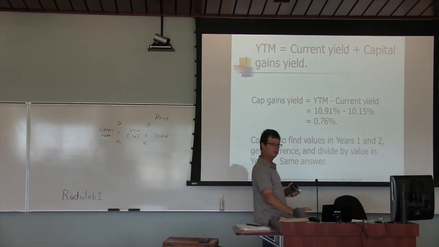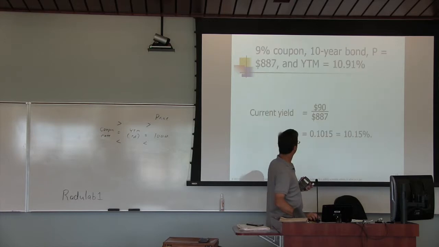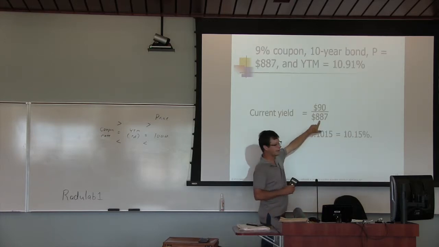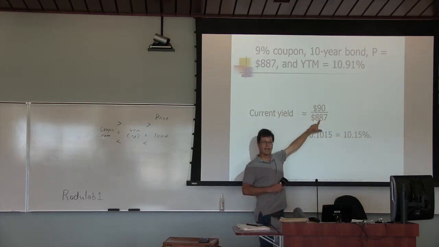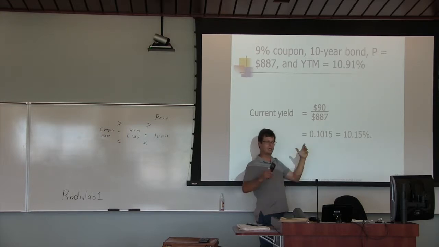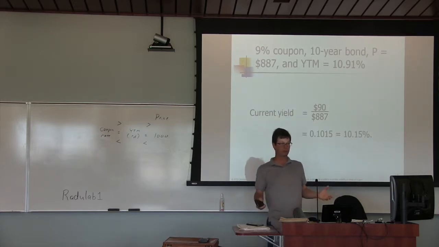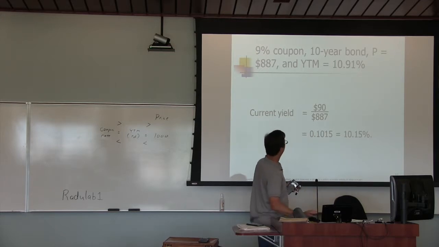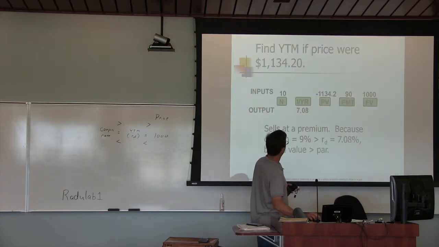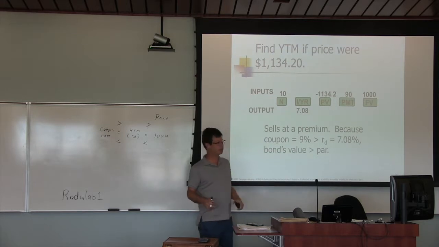This capital gain yield is going to be positive because the current price is $887, and at the end of the timeline, we're going to get $1,000 back on that. So that capital gain, that change, is positive. In some cases, you'll have a negative number for that capital gain yield. If we just go back to this example here, we would have a negative for the capital gain yield.